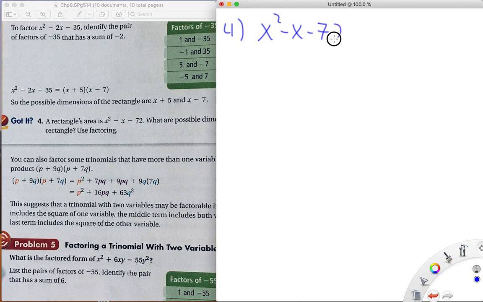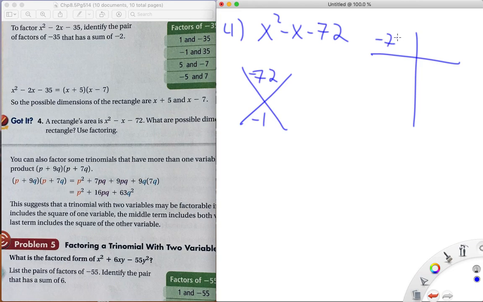They're asking for the dimensions of it, meaning they just want you to factor it. So when I do the diamond, 1 times negative 72 gives me negative 72, and when I add them up together, it gives me negative 1.